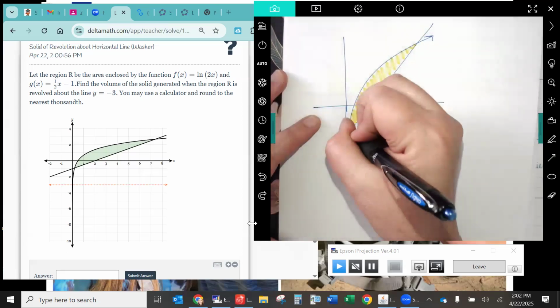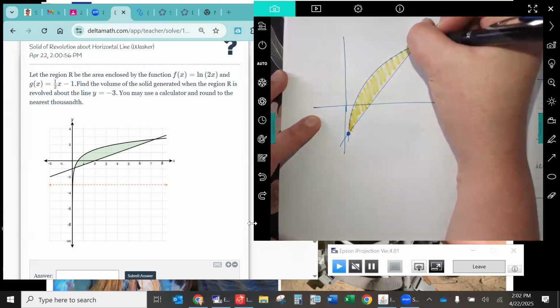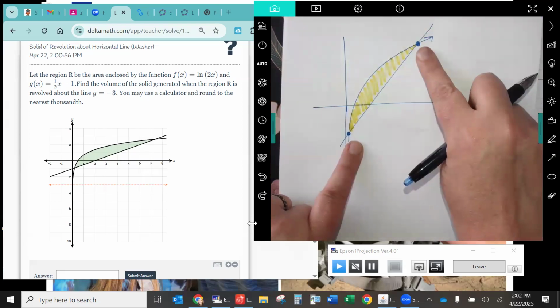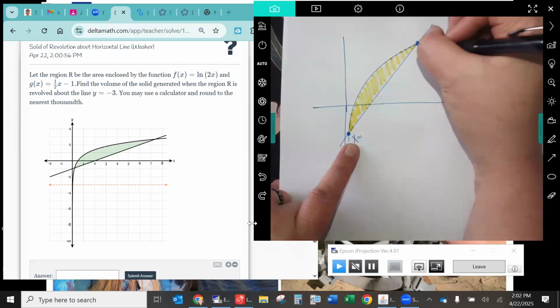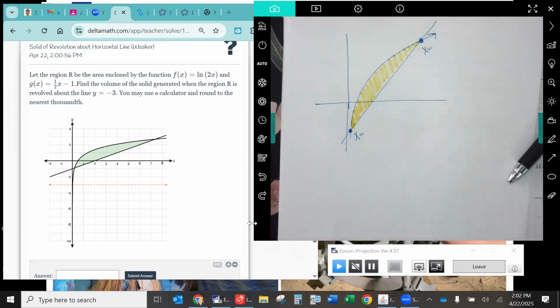Okay, so first thing you should be finding is these two intersections right here. All right, let's type them in.